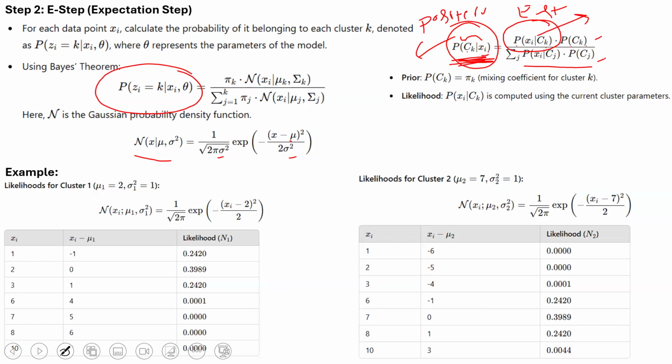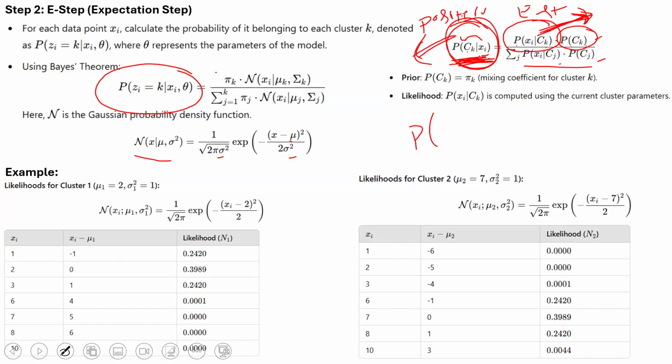So in step 2, we calculate the likelihoods, and using the Bayes theorem, we will calculate the posterior probability. This is the final thing that we want to calculate. To calculate these likelihoods and the posterior probability of a point belonging to a cluster Ck, I am using the Bayes theorem, the same thing applied here.